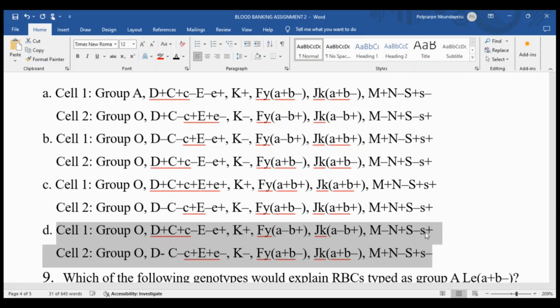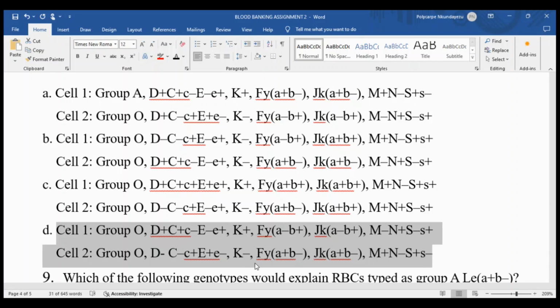So that is perfect, right? Even if we don't check the other options, option D is the best because it respects our rule that every antigen that shows dosage must be in homozygous form, and every antigen in the Rh group must be represented. So that is the rule.